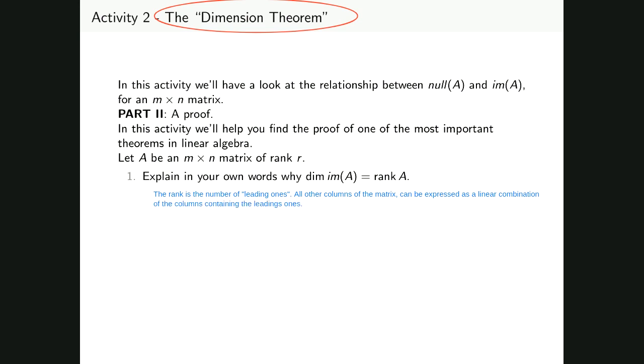Okay, so once you've got the leading ones, every other column of your matrix can be expressed as a linear combination of those. Thus, every vector in the span of the columns can be expressed as a span of just those columns containing leading ones.